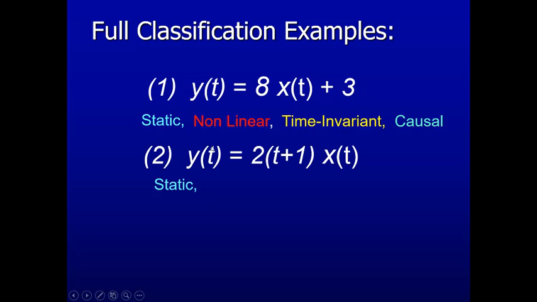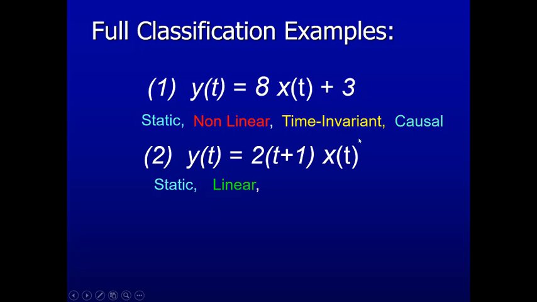The current output, y of t, is determined only by the input signal at the same time t. This is just a multiplier out in front. The multiplier happens to be changing with time, but at any moment in time, if I know this equation, I know what the value of time is, and I can just plug it in here. So it's not indeterminate. In terms of linearity, this would still be a linear system.